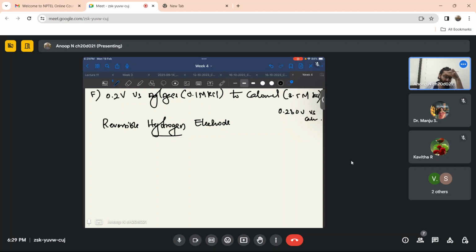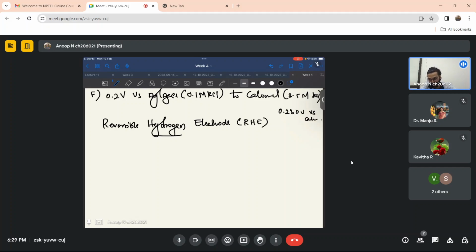Any of you? We'll call it RHE. How do you represent the potential if someone is doing experiments? Either Ag/AgCl or SHE. There is one more scale called RHE.